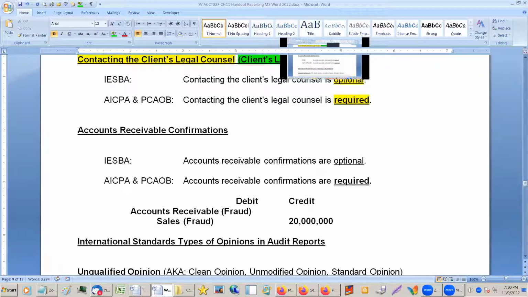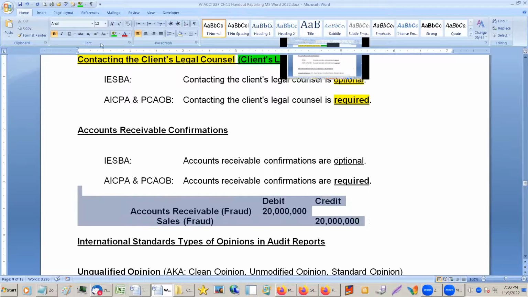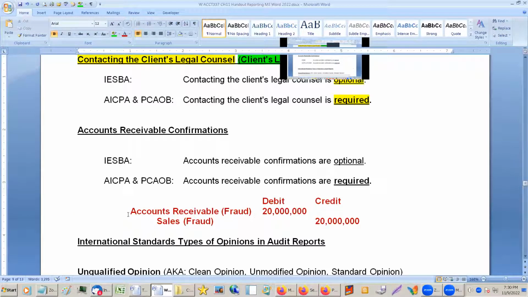I'll clean up my spacing here in a second. If we make this journal entry and they're fraudulent, this is a fraudulent journal entry. Notice these accounts receivable, those are never going to get collected.